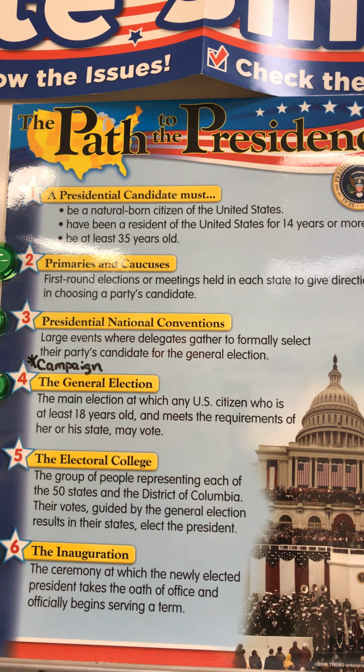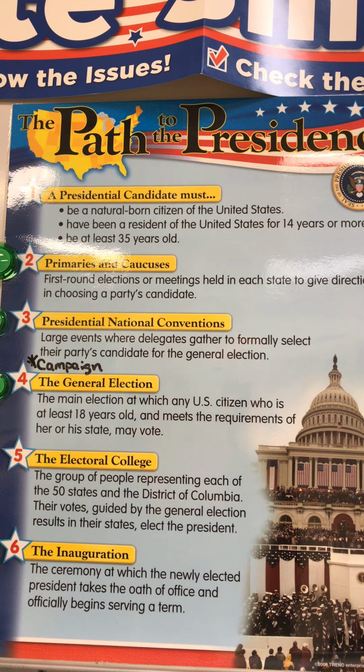The third thing that's not on this is the big campaign. Oh, and the national conventions are in July. So the third thing is the big campaign that lasts from August through October. We're just finishing up this part. The race really takes off.